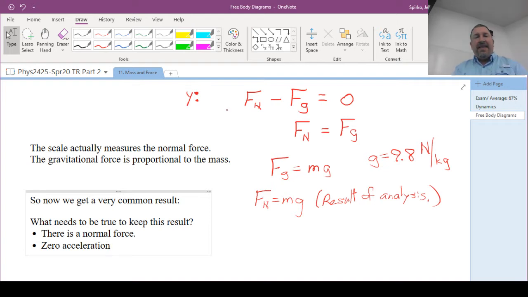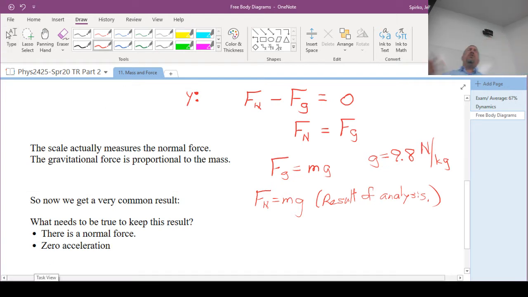So that makes me think of, how could I have a different acceleration other than 0? Any idea? It's moving. How could it be moving? Well, another force is a third bullet.